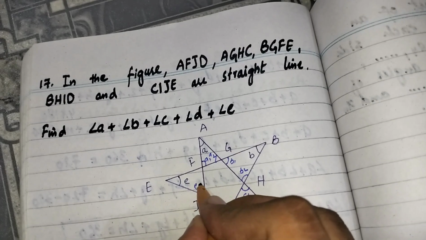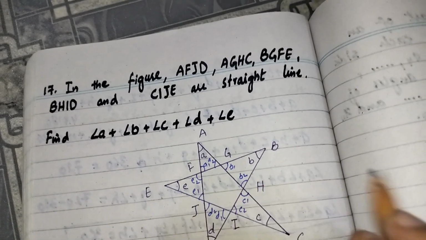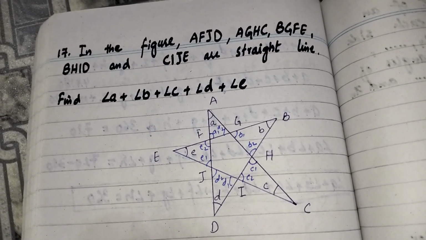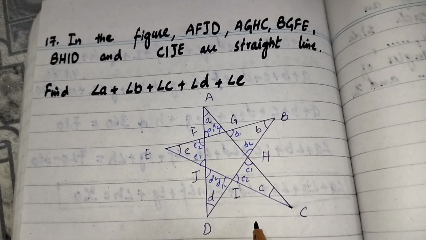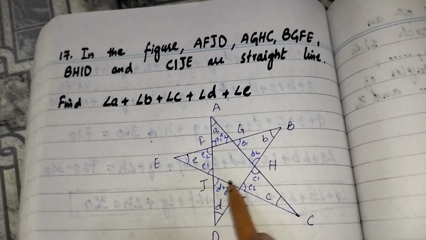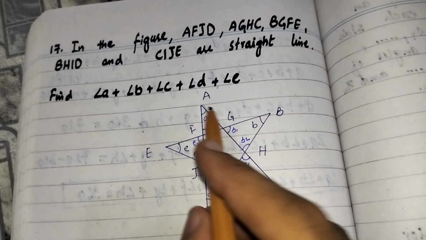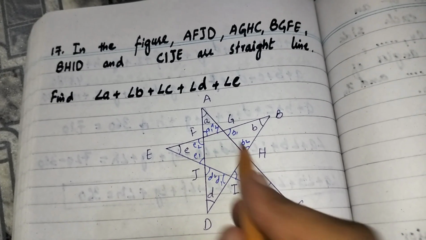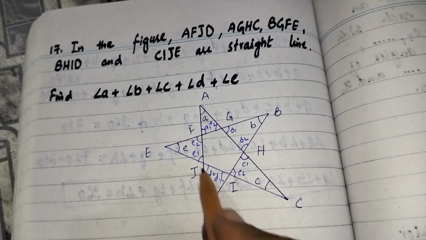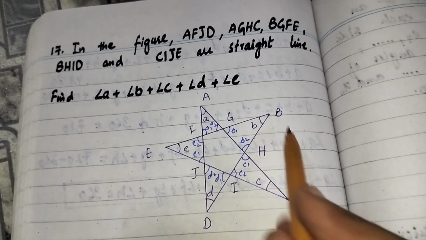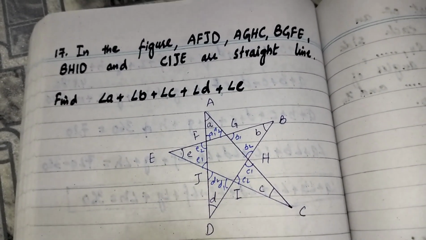Similarly, this is E1 and this is E2. Now in this figure, each triangle has 3 angles: A, A1, A2, B, B1, B2, C, C1, C2, D, D1, D2, E, E1, E2, and each triangle's angles make 180 degrees.